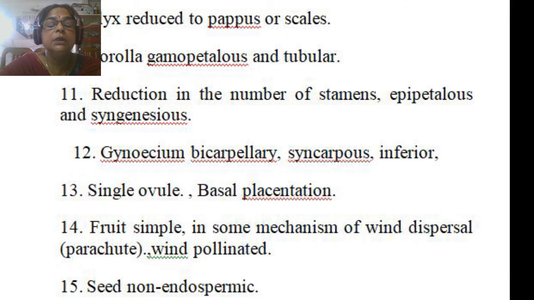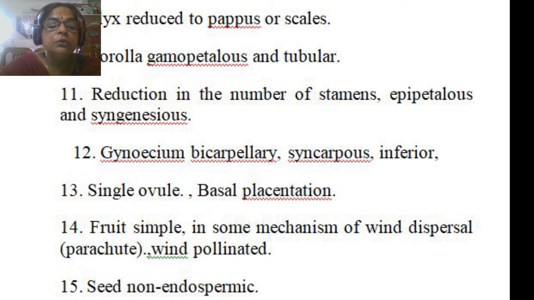This inferior ovary is showing the advanced character. The number of ovules is reduced, that is a single ovule is present. Placentation is basal, which is also an advanced character. Basal placentation is the highly advanced placentation. Then fruit is simple, cypsela fruit.